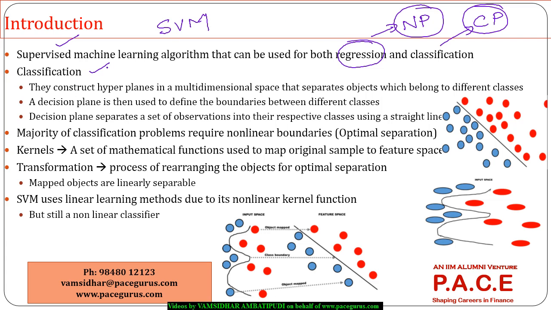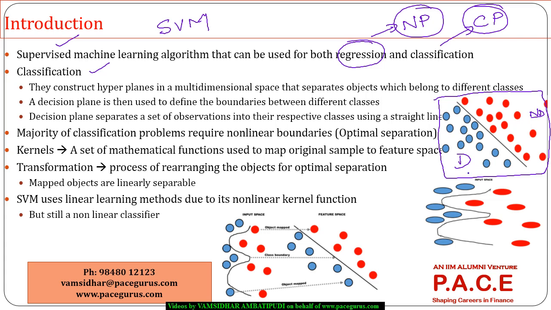Now when they are used in classification, this is how it works. Say we have two sets of elements, one belonging to the group of blue in this diagram. Let's say we are talking about two groups, defaulters and non-defaulters.